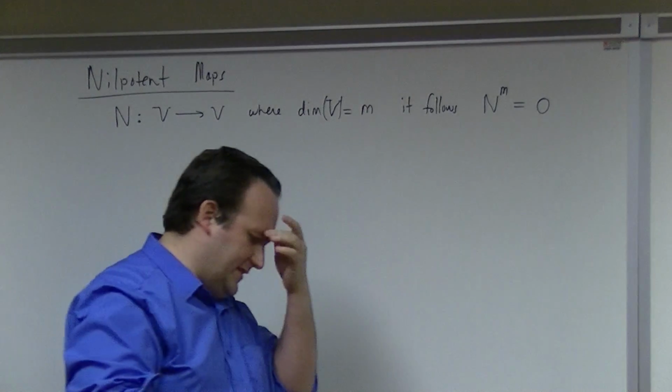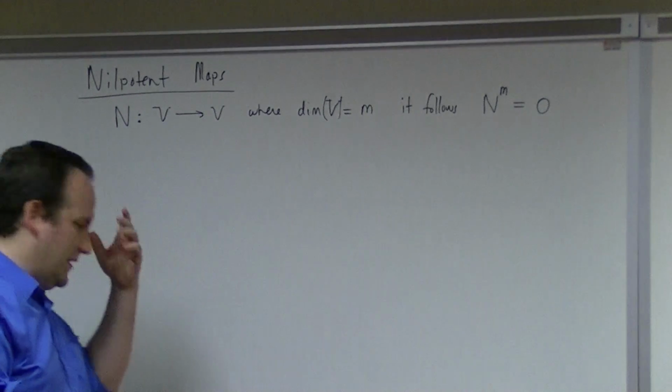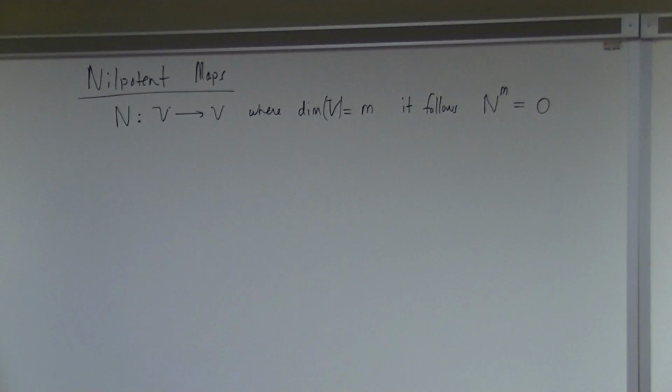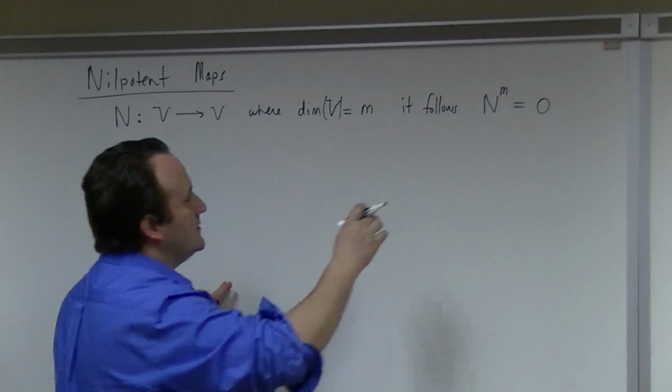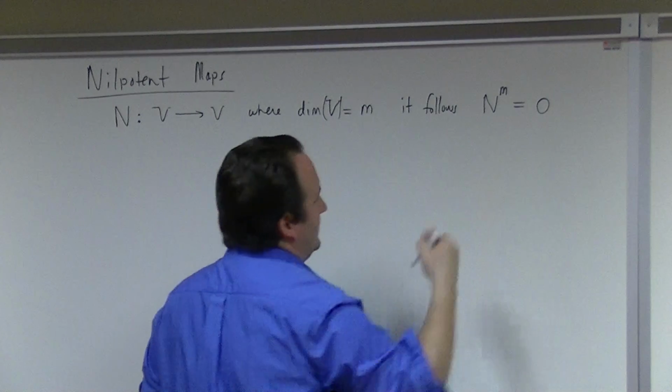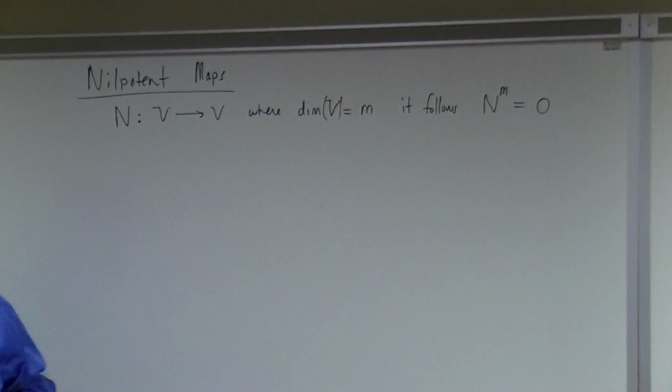And then, well, anyway, there's a way to argue this. I maybe can't say it, but anyway, it follows that n to the m is equal to 0, right? But you may actually have, of course, for a particular vector, some smaller power of n which is non-zero, right?